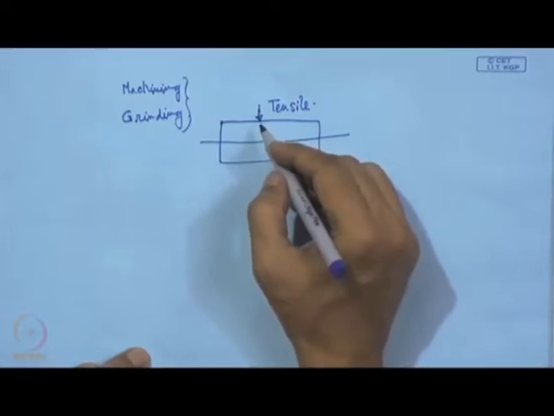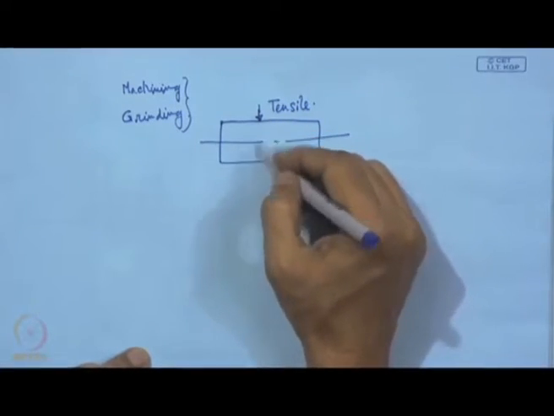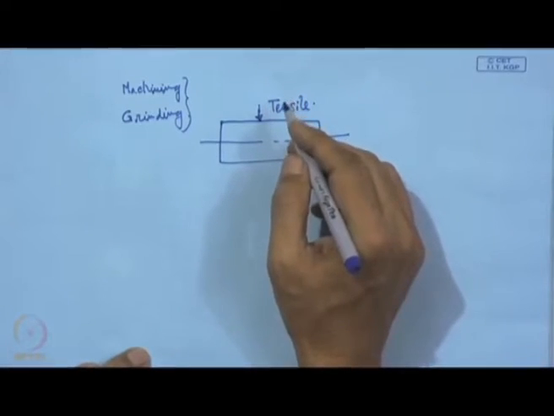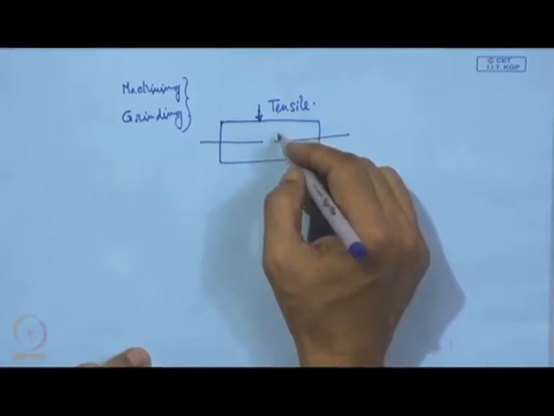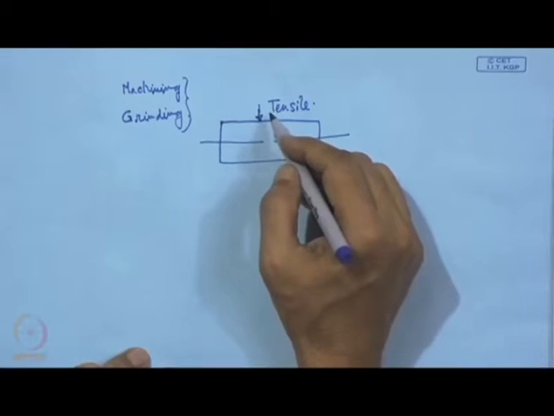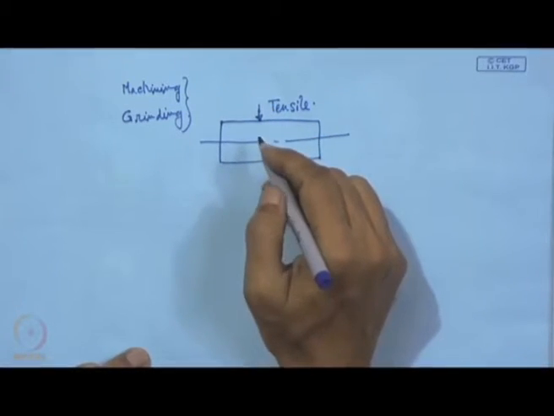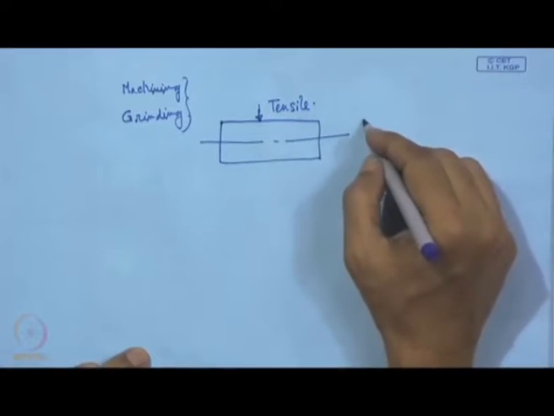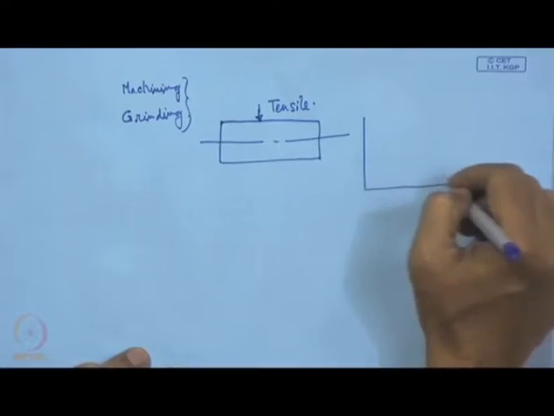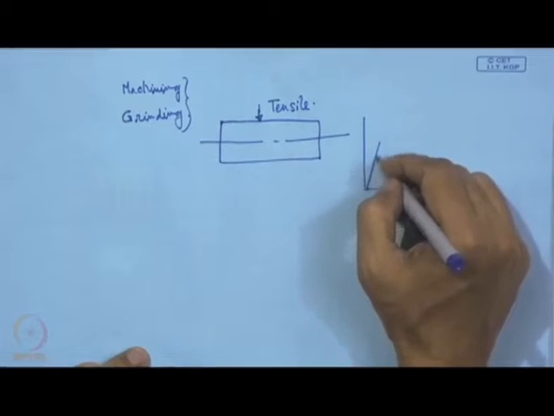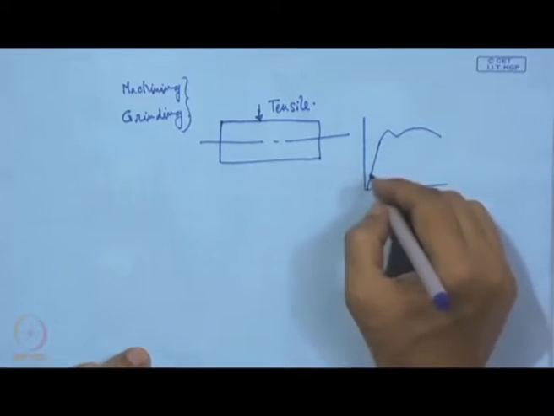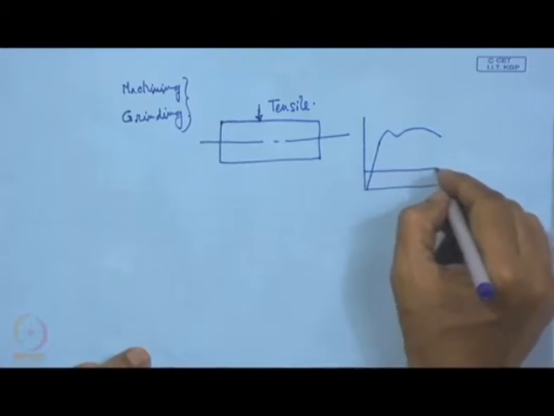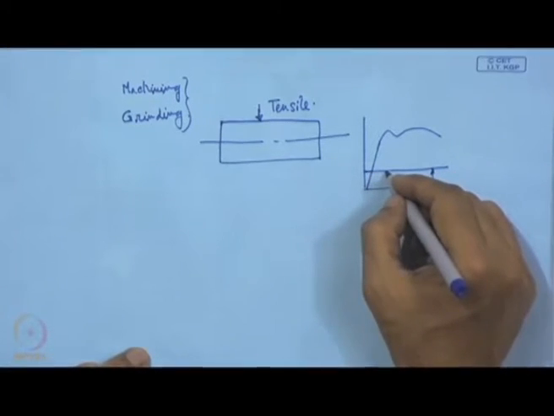Now, if this thing is allowed to move and spin at a very high speed, there will be reversal of stresses because of the external loading, but because of this residual tensile stress, on this graph we can see that some stress is already stored. So, the baseline is shifted here.